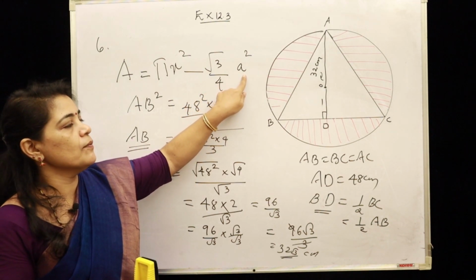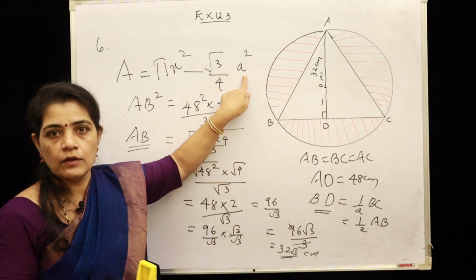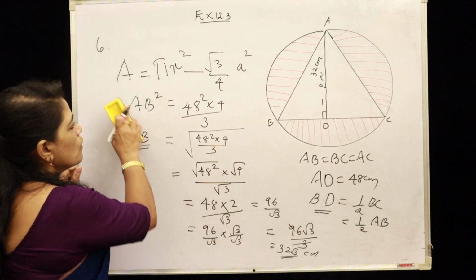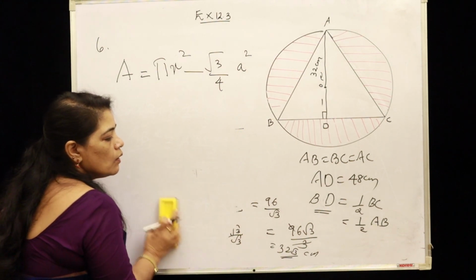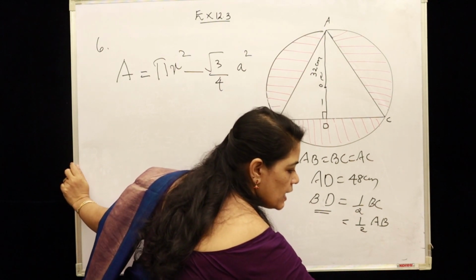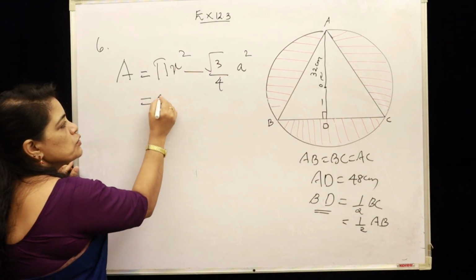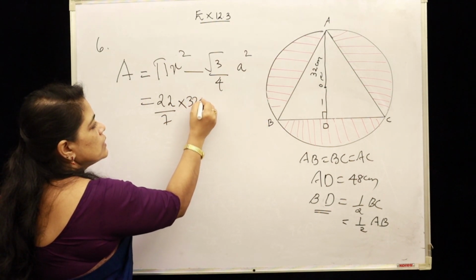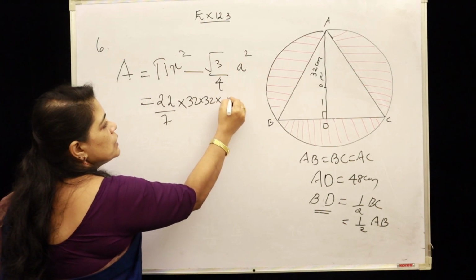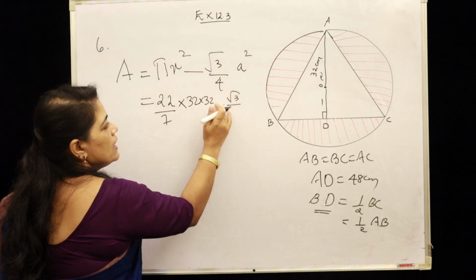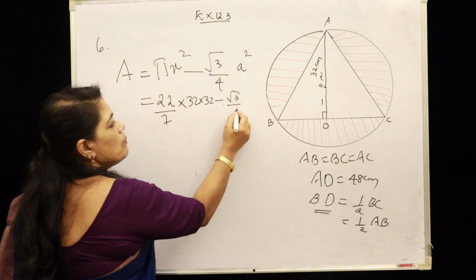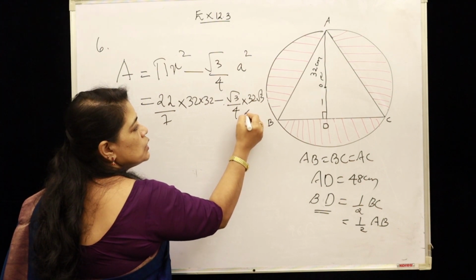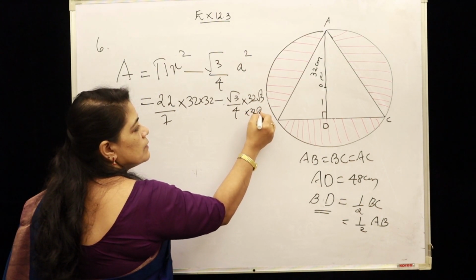So in the next step, here A denotes the side. So AB you can substitute as 32 root 3. So in the final step, in order to get the area of the design, 22 by 7 into 4 pi, the radius is given as 32, into 32 square minus root 3 by 4 into now 32 root 3 into 32 root 3.